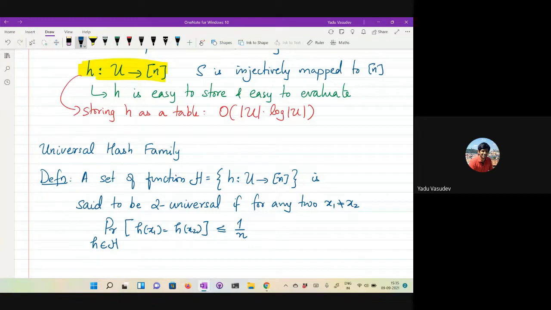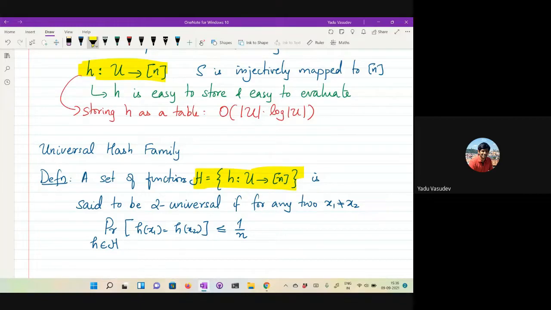Okay. Right. So if a set of functions h has this property, such a hash family h is known as a 2 universal hash family.